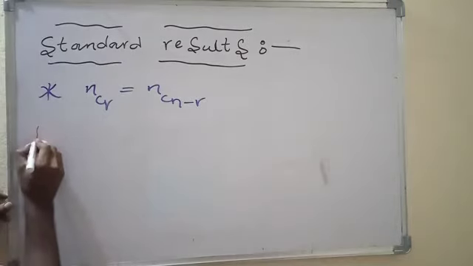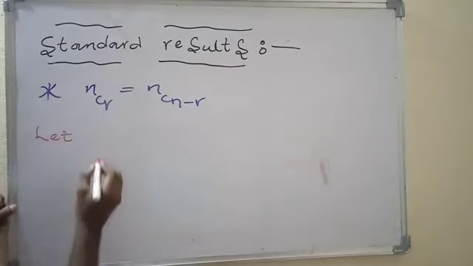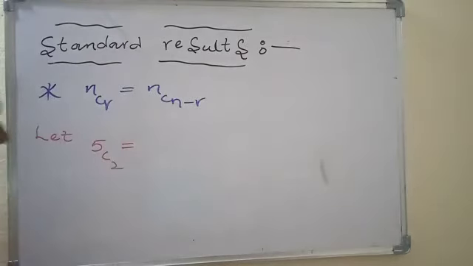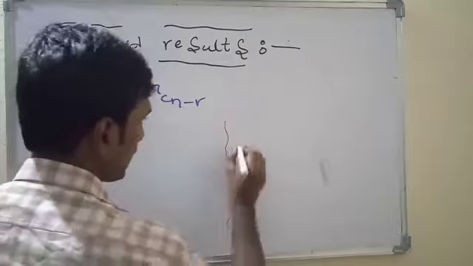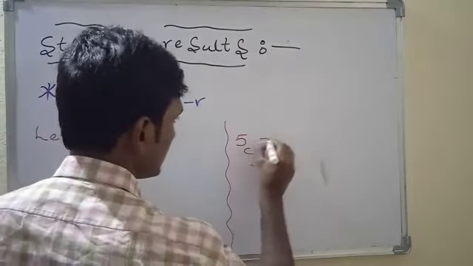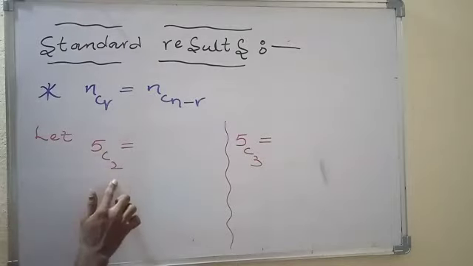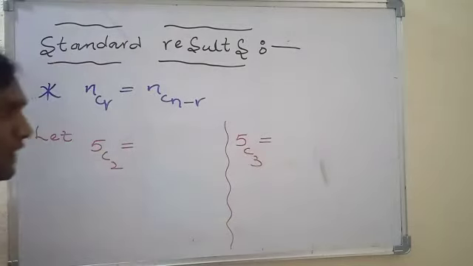Suppose the given binomial coefficient is 5c2, and after that find the value of 5c3. The given two binomial coefficients are 5c2 and 5c3.